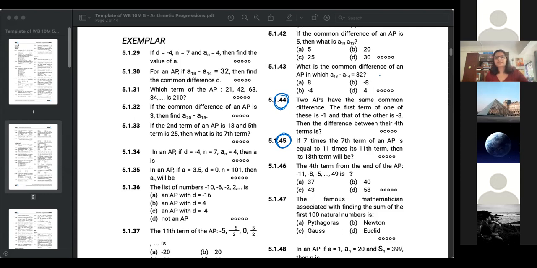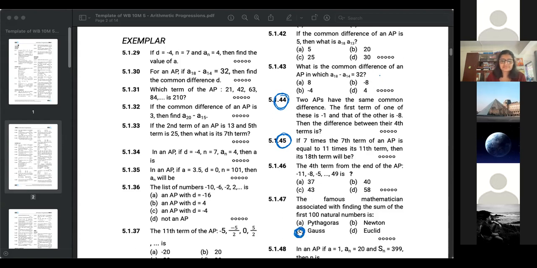Let me Google that. Oh, it's neither of both. It is Gauss.